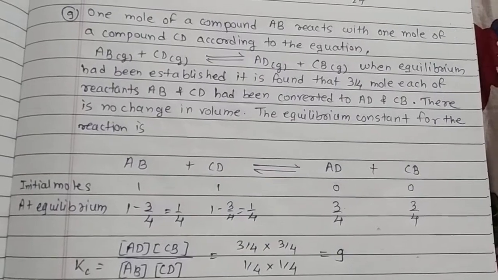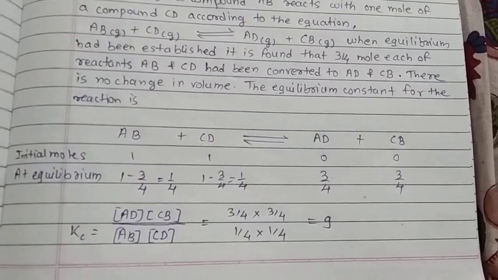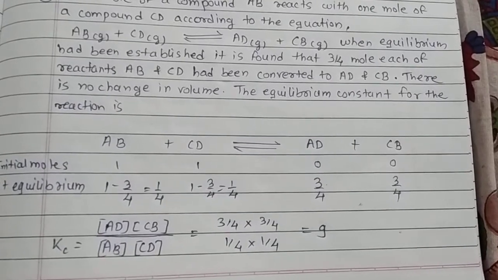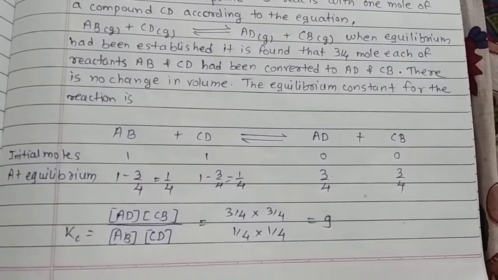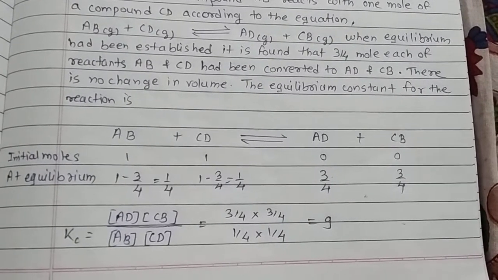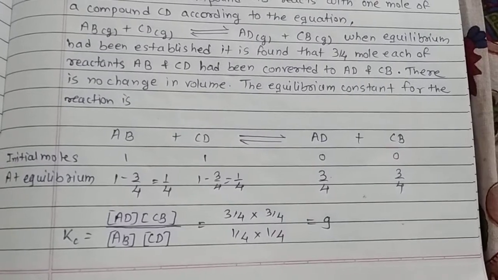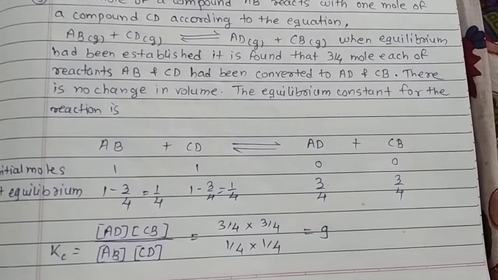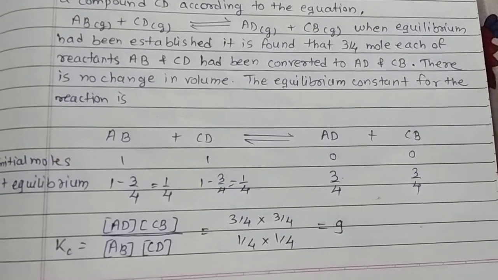So reaction is given, and initially there is 1 mole of AB and 1 mole of CD, and obviously product will be 0, and at equilibrium 3 by 4 moles of each react. So 3 by 4 gets consumed from AB as well as from CD, and 3 by 4 moles form of AD and CB.